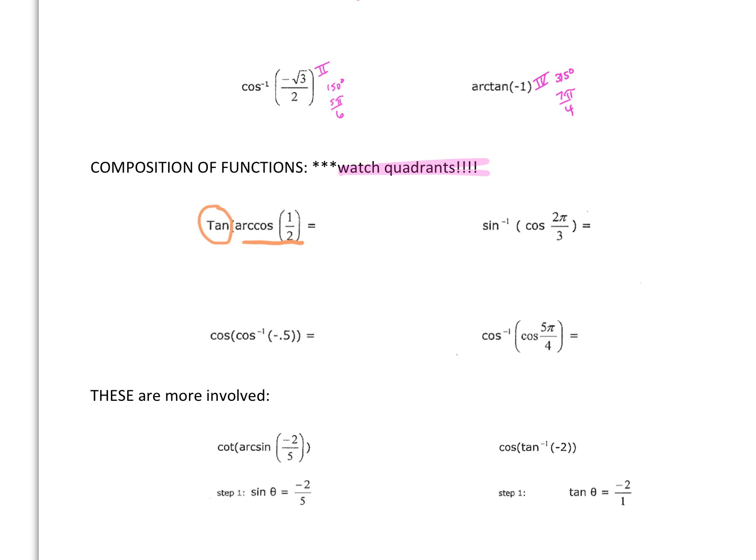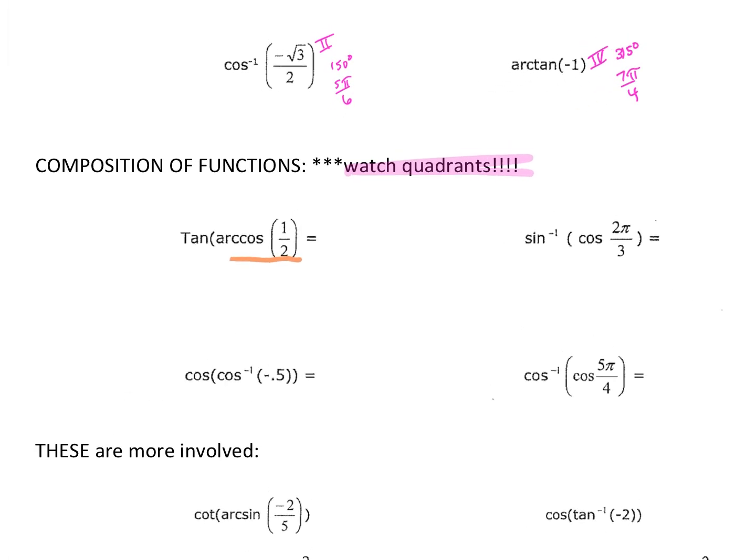Okay, so the first step in this is that we need to find the arc cosine of a half. So what quadrant are we in? Okay, we're going to look in quadrant 1, and we're looking for where the cosine value is a half. And where is that? 60 degrees.